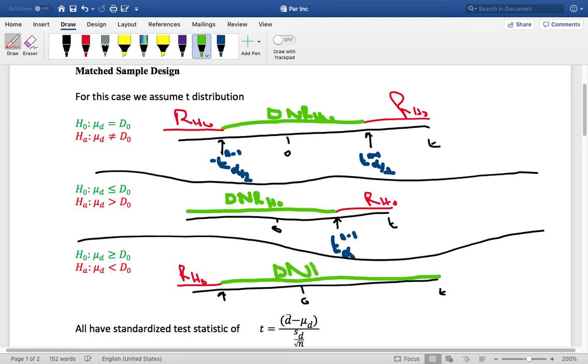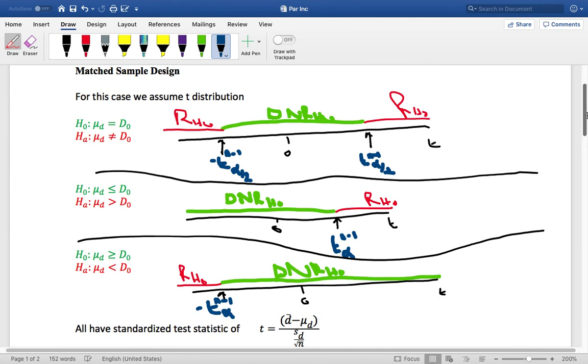Test always done on H0. And the critical value is going to be to the left of 0, so it's going to be negative, and it's going to be t. All matched pairs are t, and it's going to be alpha because it's only one tail, and then degrees of freedom are n minus 1.